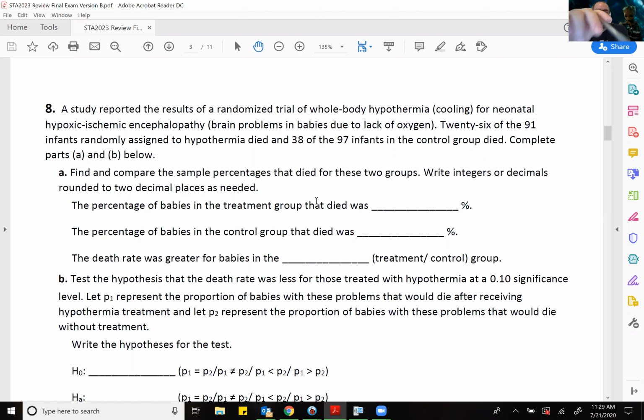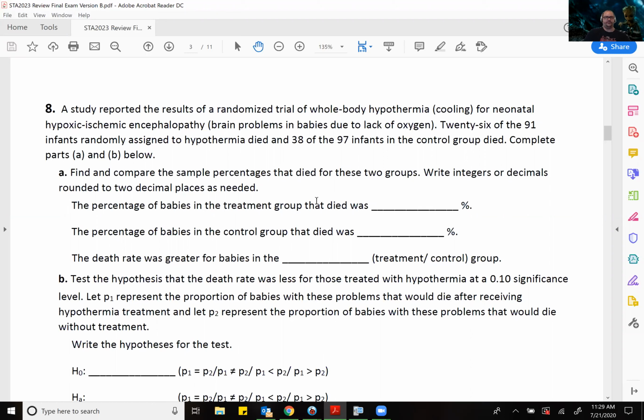Okay, so let's just go with the brain problems in babies due to lack of oxygen. So 26 of the 91 infants randomly assigned to hypothermia died, and 38 of the 97 infants in the controlled group died. Perfect. Complete parts A and B below.